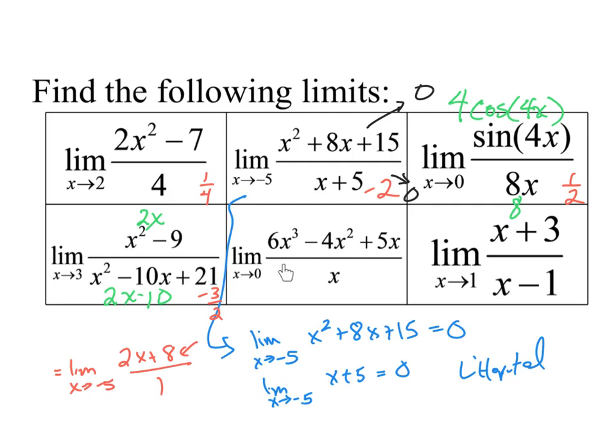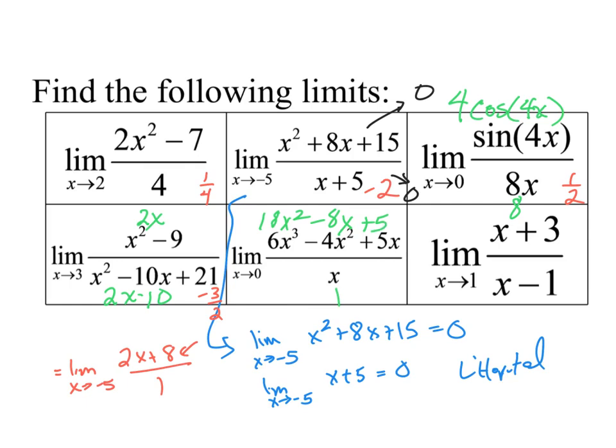Okay, coming here, obviously we're going to get 0 on top and bottom. Again, you can put like arrows to 0, arrow to 0 or something, but you just can't write 0 over 0. So derivative is 1, 18x squared minus 8x plus 5.